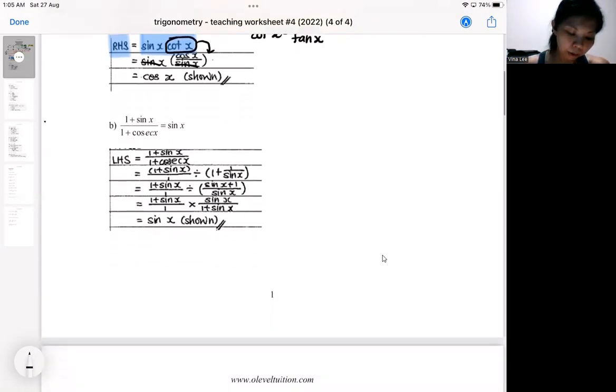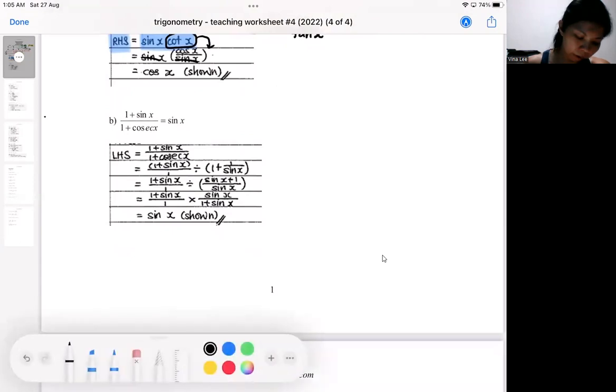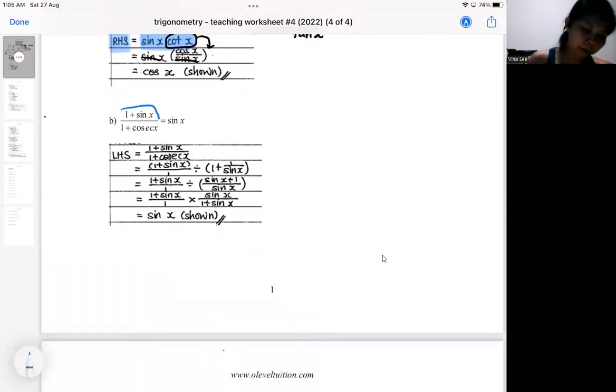In the next question, of course, the left side looks more complex because it's a huge fraction. One of the techniques is to see a fraction as a divide. So you see it as a numerator divided by a denominator. That's what I did.